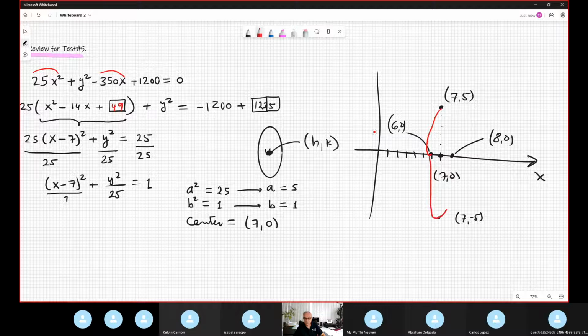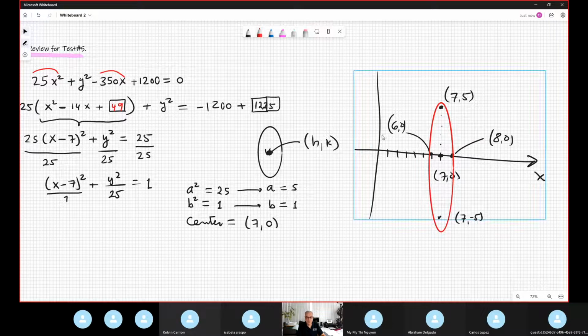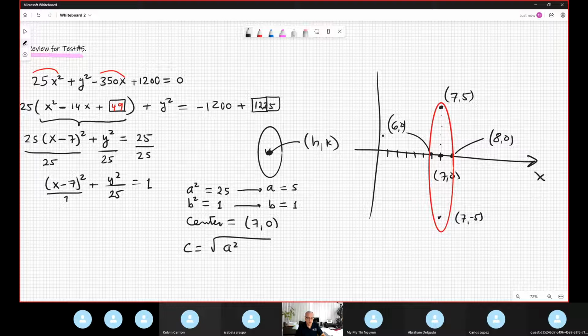Not good. Okay. Just in case, you see in this, and don't forget the focus. So c is equal to the square root of a squared minus b squared.